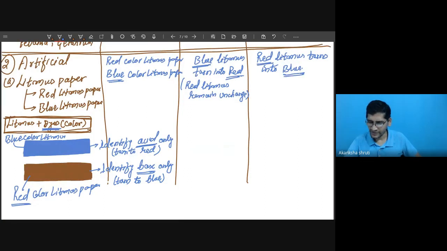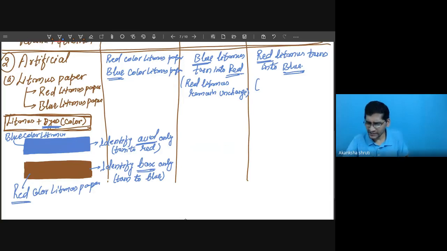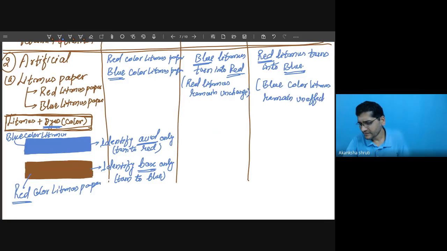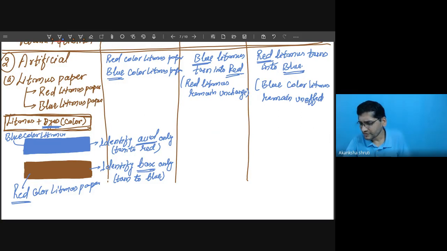So you have to keep in mind, if we are taking the blue color litmus, it remains unaffected. So there will be no effect over the blue color litmus in base, because it is producing blue and blue is already there, so there will be no change.